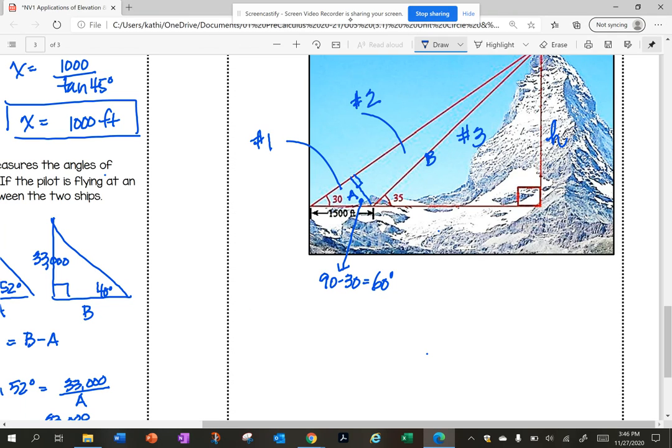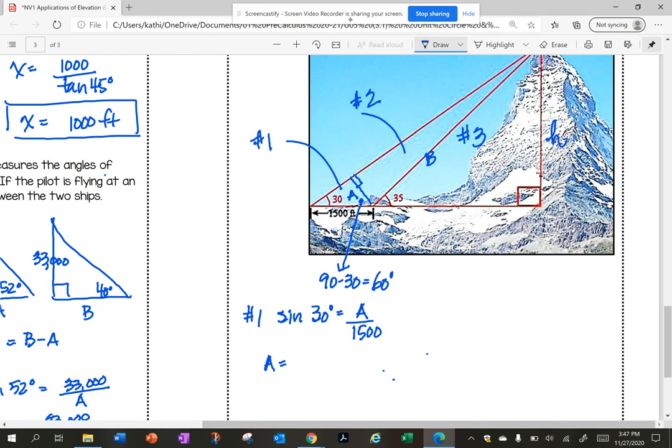So I can set up by solving for side A in triangle number 1. So with 30 as my reference angle, I am trying to solve for A. So I'm solving for A and I have 1500. So that is going to be the opposite of the hypotenuse, which is sine. So the sine of 30 degrees equals the opposite A divided by the hypotenuse, which is 1500.